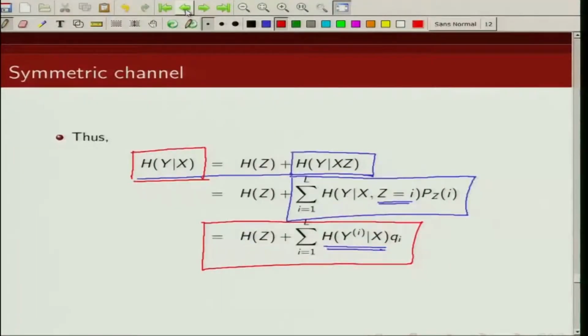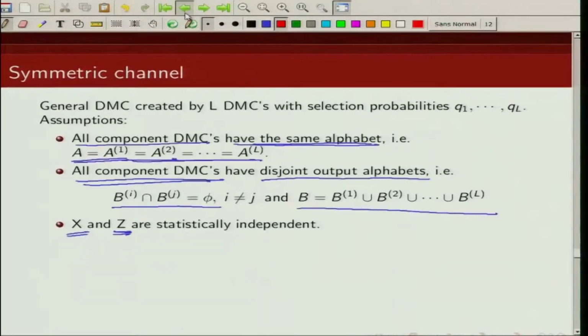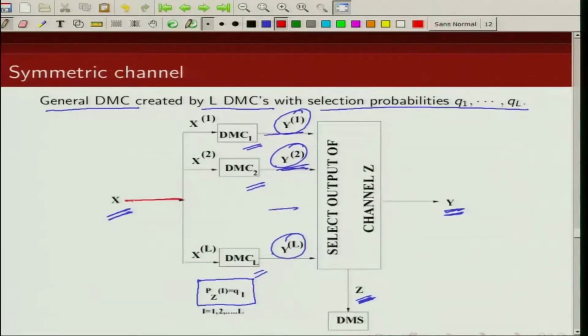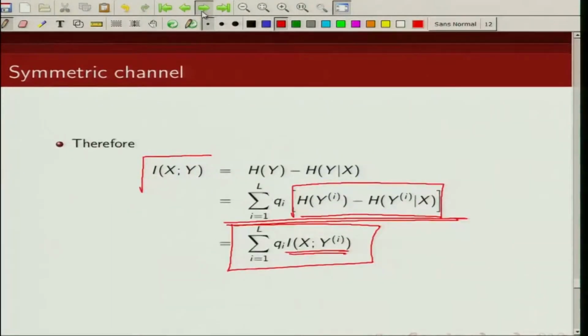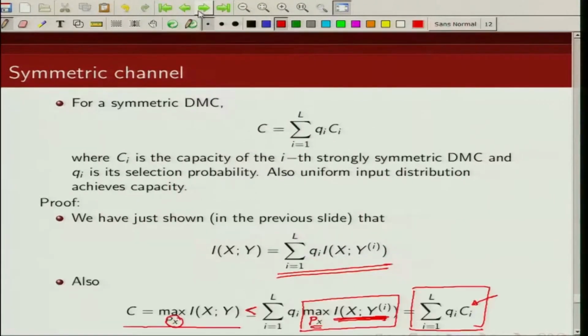And if you go back to the diagram that I showed you, it is the same input x going to all these discrete memoryless channels. Since the uniform distribution will achieve capacity for each of these individual channels and it's the same input, it's the same input that will achieve capacity for this channel. So hence we have proved that the capacity of a strongly symmetric channel is given by this expression.